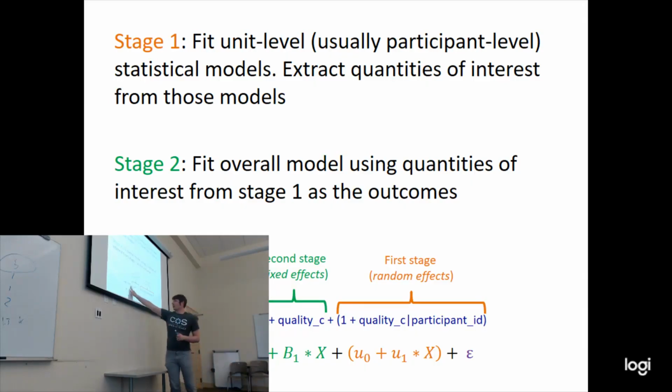And then over here, in the second stage, the other half of the model, we've got our intercepts and slopes that are the same for everybody, those fixed effects. Those are the black lines that I showed you on the graphs previously. So this is the formal statistical model.